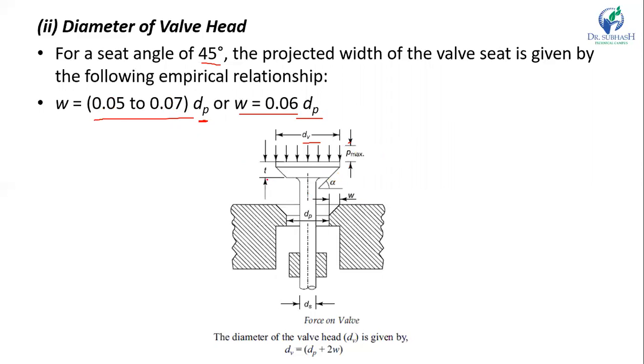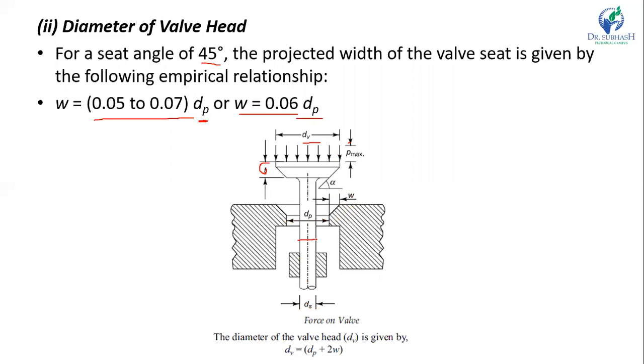This angle is alpha. Here you can see this thickness is T. dv is the diameter of valve head, dp is the diameter of port, this distance is W, and ds is the diameter of the valve rod.